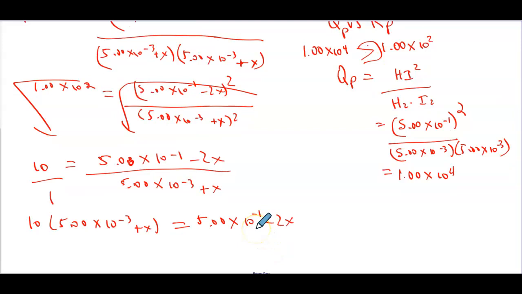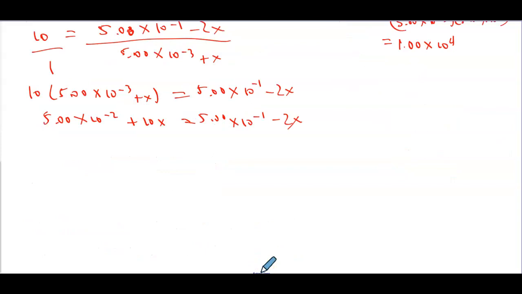I'm going to distribute my 10 through, and this is going to be 5.00 times 10 to the negative second plus 10x equals 5.00 times 10 to the negative 1 minus 2x. Again, like I've said on many of these problems, show me as much math as you need to do. The more you show me, the more I can help.